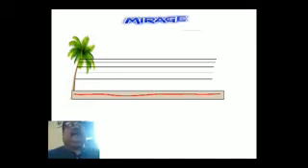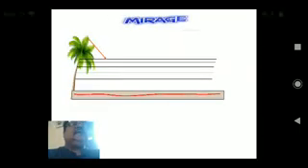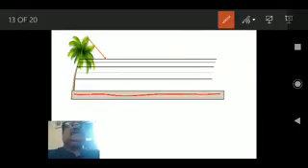Let a ray of light starting from the tip of the tree enter, see here, you can mention here, this is the rarer medium. In comparison to that, the upper successive layer is a denser medium, then this one is a rarer medium, then denser, so this one becomes rarer in comparison to the other.